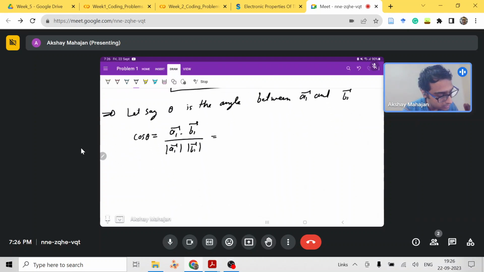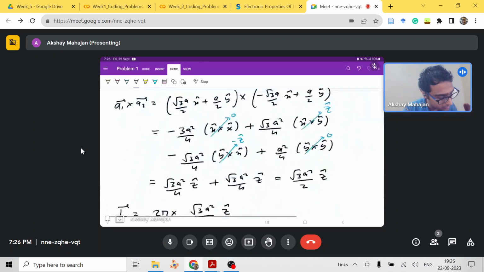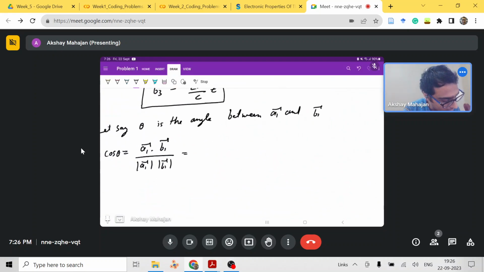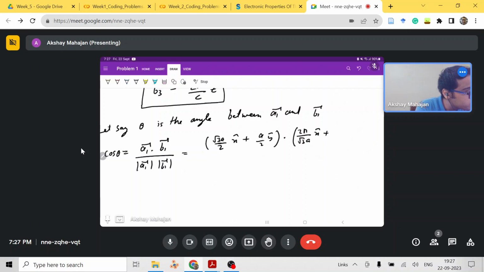Now here a1 vector, as we know, is given to us, which is root 3 a by 2 x cap plus a by 2 y cap, dot product with b1 vector, and b1 vector we have calculated as 2 pi by root 3a x cap plus 2 pi by a y cap.